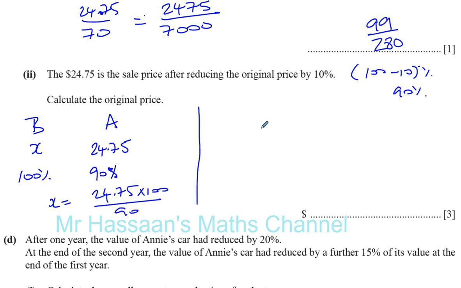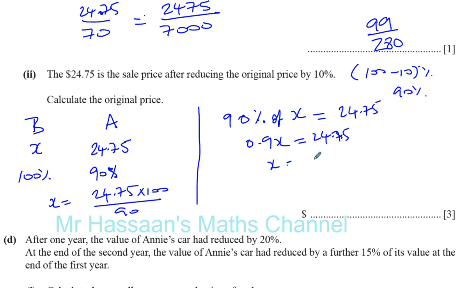Alternatively, you could say, I know that it's been reduced by 10%, so now it's 90% of what it was. Say 90% of what it was, we don't know, X, is the new price, 24.75. So you can say 0.9 times X equals 24.75.